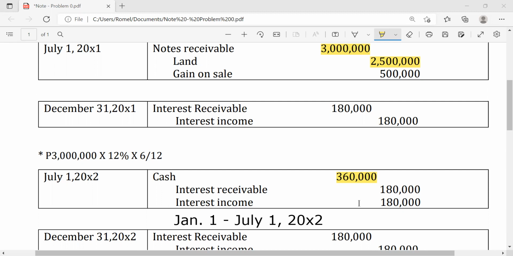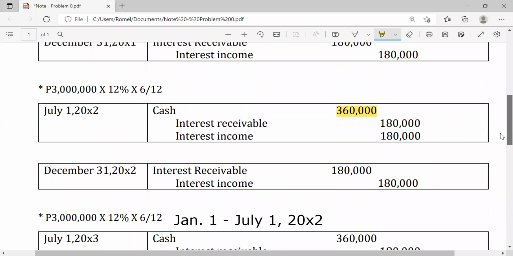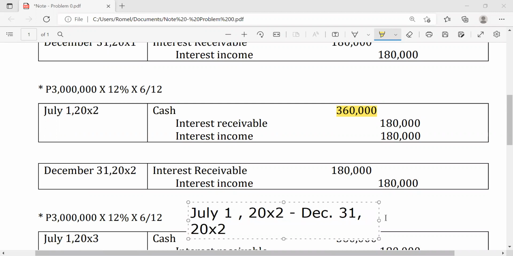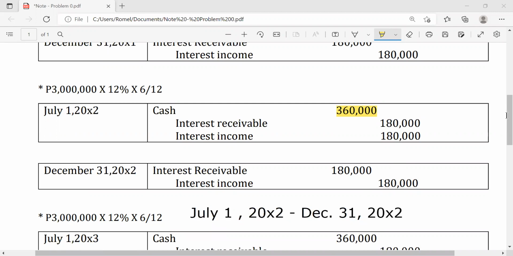So that's why 3 million times 12% times 6/12, we need to credit interest income 180,000 pesos. And then, for December 31, 20x2, the same thing lang. Kailangan natin mag-record ng adjusting entry to record the interest income from July 1, 20x2 to December 31, 20x2. The same lang, debit interest receivable 180,000 pesos, credit interest income 180,000 pesos.